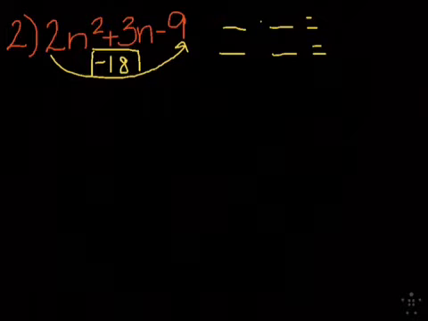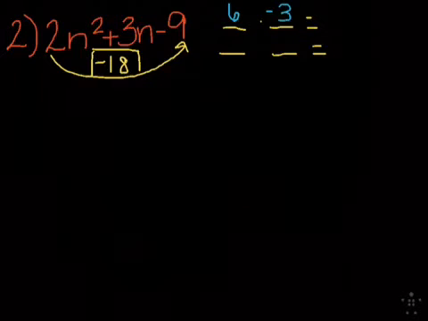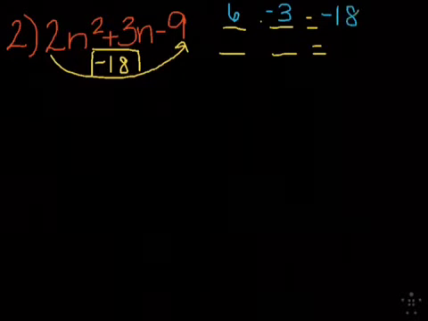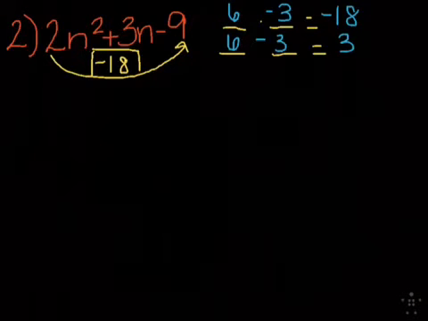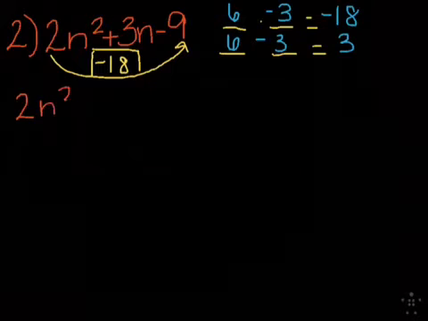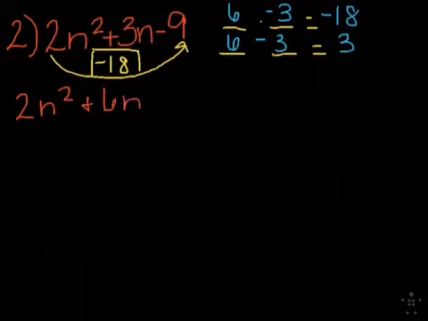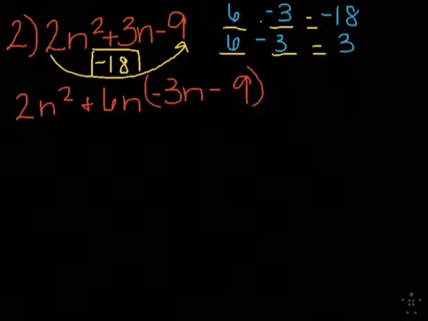Okay, so those numbers are going to be 6 times negative 3, negative 18. 6 minus 3 is 3. So here we go. I'm going to have 2n squared plus 6n minus 3n minus 9, group, group.